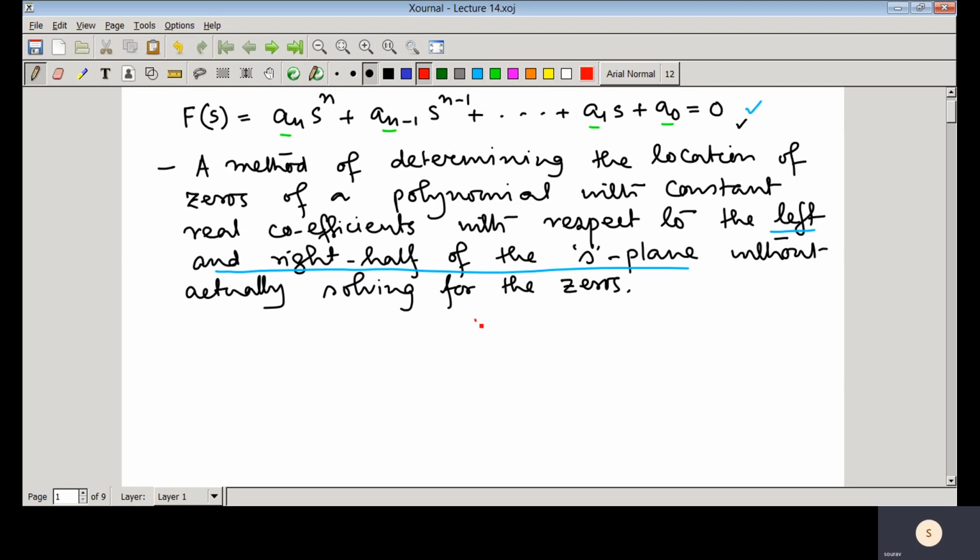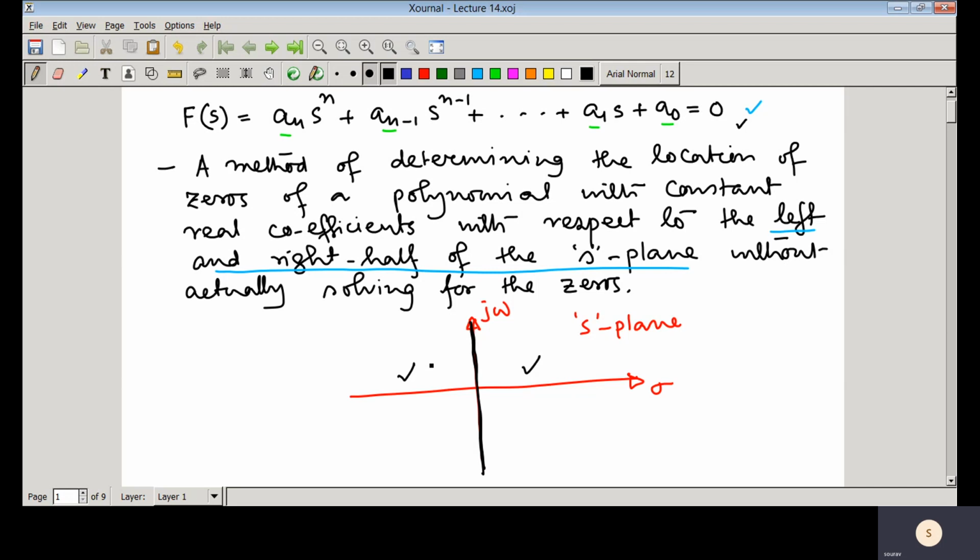This is the S-plane, with sigma and j omega axes. The Routh-Hurwitz criteria tells us whether poles will be on the right half or left half of the S-plane.